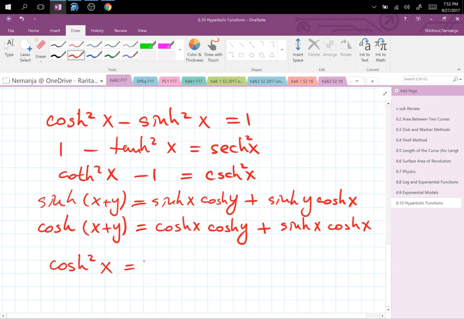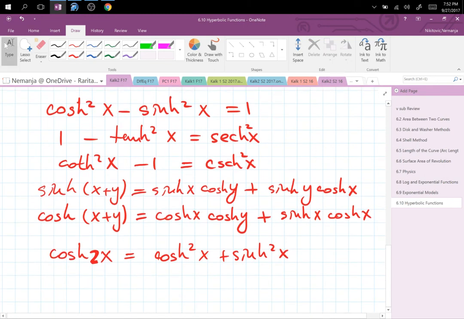Cosine hyperbolic 2x. Cosine hyperbolic 2x is cosine hyperbolic squared x plus sine hyperbolic squared x.